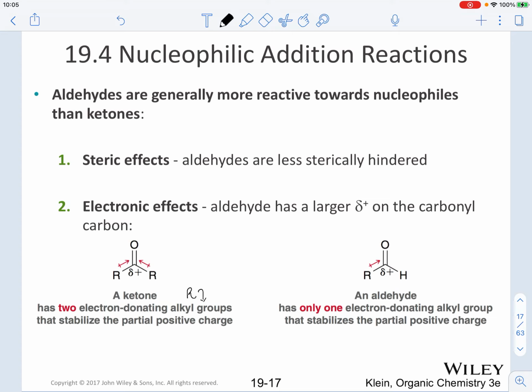When we're talking about an aldehyde, remember, we only are going to have one R group, if any. So in this example, we're considering that the R is going to be alkyl, and this is not taking into account formaldehyde, so we're going to have only one electron donating group that is going to stabilize the partial charge that is in the carbonyl.